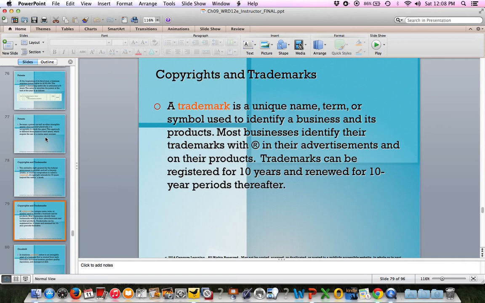Most businesses identify themselves with a trademark in their advertising. They can be registered for 10 years and renewed for 10-year periods thereafter. They're continuously renewable. I mean, it's pretty rare that you wouldn't be able to renew it. So think of the Nike swoosh or the Under Armour logo. The list goes on of trademarks that companies have registered with the government saying this logo represents my business.